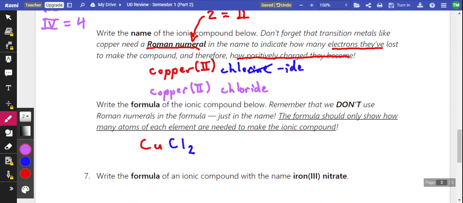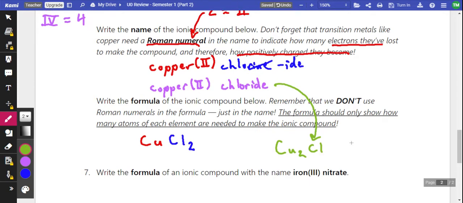Pretty straightforward. Now, where I see a lot of easy-to-make mistakes comes from going from the name without the structure to the formula and messing up what this Roman numeral means. I'll see a lot of people look at this name, copper(II) chloride, and say, okay, that means I have 2 coppers.